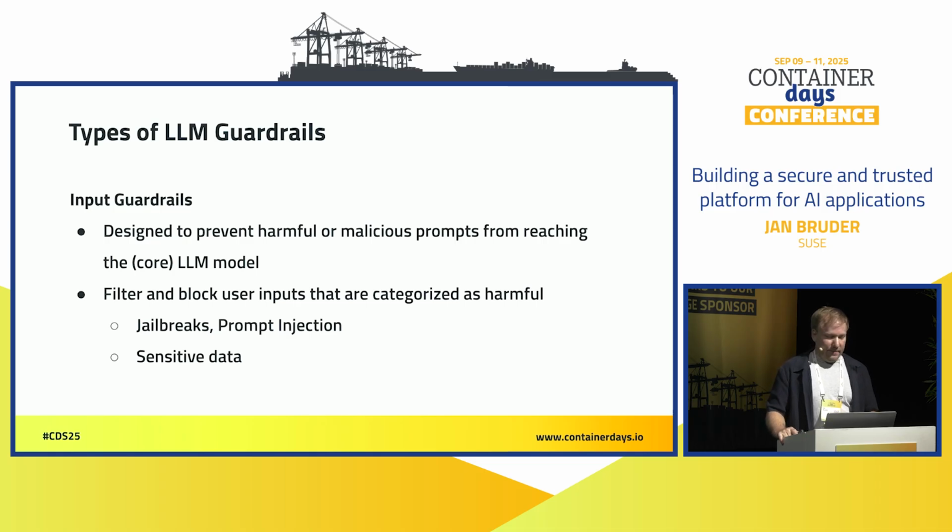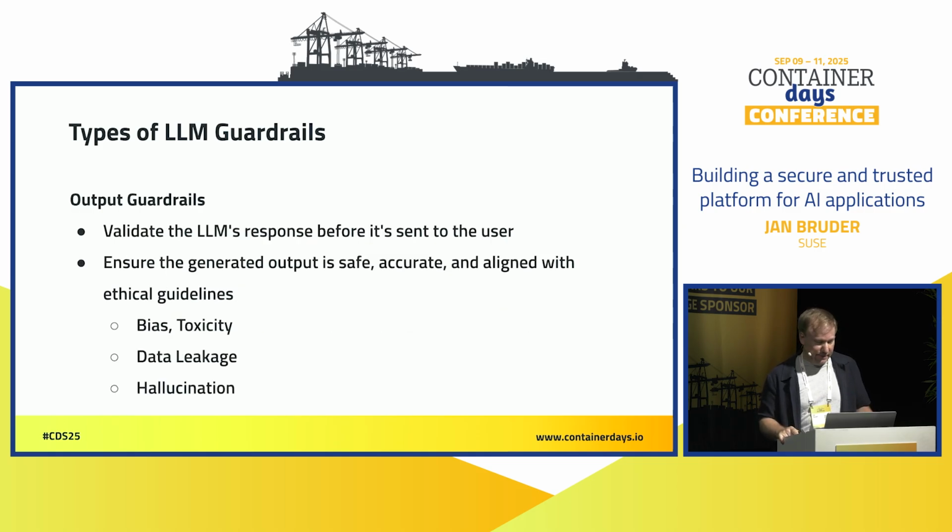So the main goal of implementing an input guardrail is to prevent harmful or malicious prompts from reaching the model, for example, in order to leak some data from the model training sets. And it also prevents user input that is harmful, like, for example, as I said before, a user asking the LLM to help with some illegal activities, or trying to jailbreak the model, or providing sensitive data to the model that your organization does not want the user to provide.